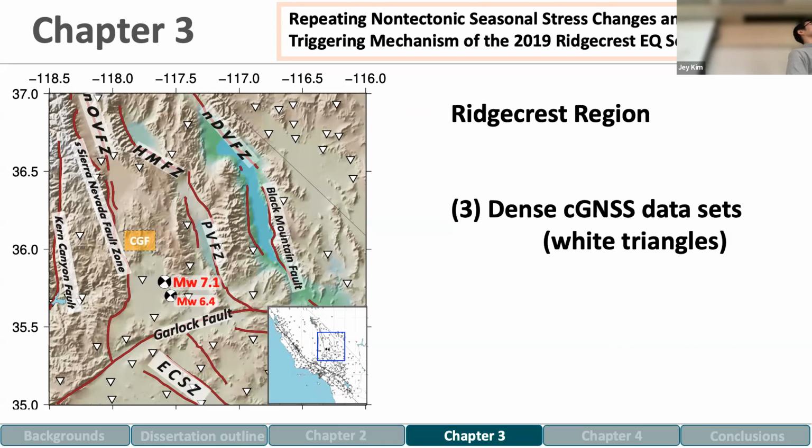That's a good question. We only found two large events in California that coincidentally occurred during the seasonal stress peak, but we only have two samples, so we don't know. But what we assume here is, as you said, a triggering: that the crust is almost close to failure, and if you add a little bit, then it may fail.